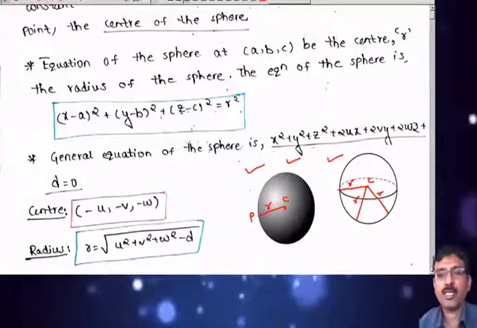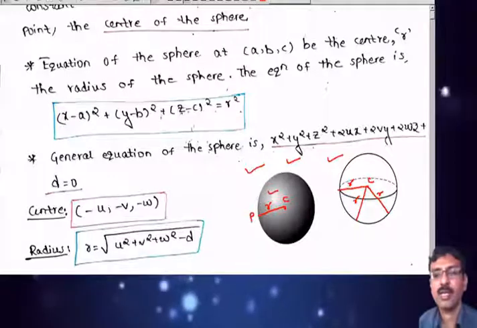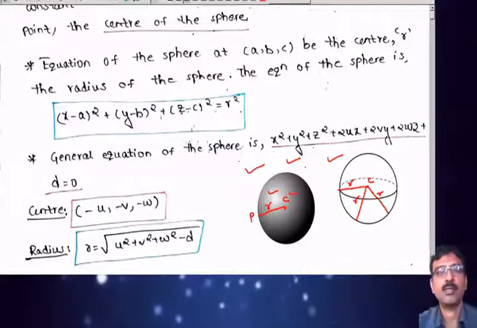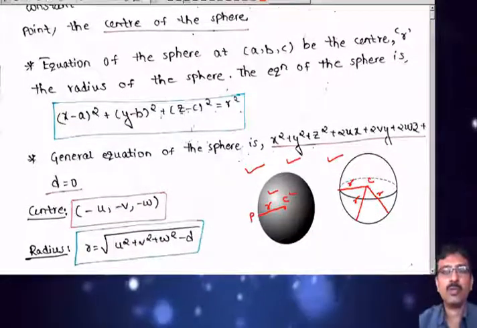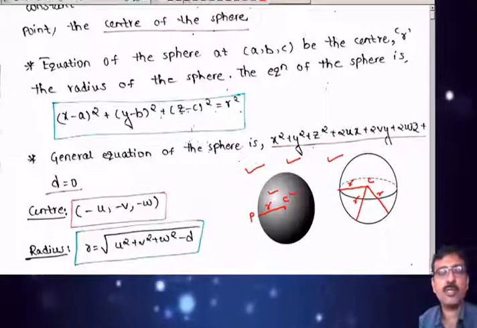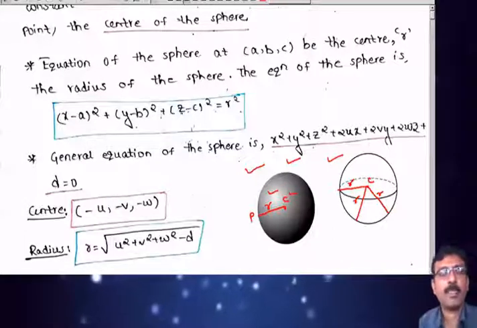Here R is the constant distance, and C is the center. Coming to the equation, it is very similar to the circle in two-dimensional geometry.